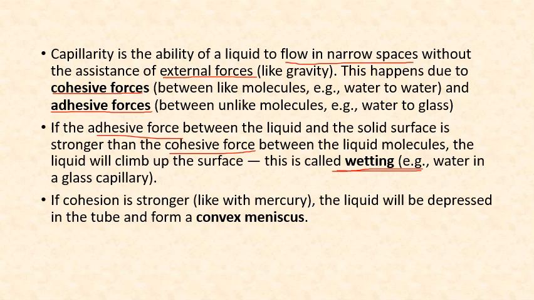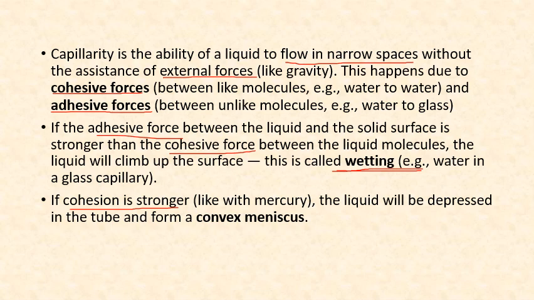On the other hand, if the cohesive force is stronger, that is the attraction force between like molecules. For example, if you take a capillary tube and dip it into liquid mercury, for mercury the cohesive force is stronger, that is the force of attraction between the mercury molecules is itself stronger compared to the force of attraction between the glass of the capillary tube and the mercury molecules.